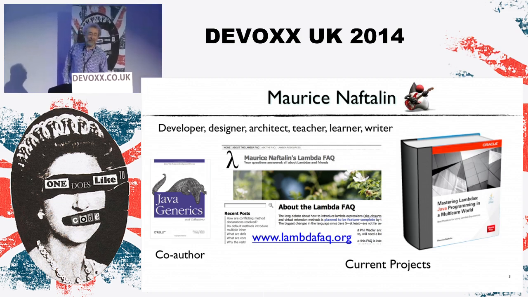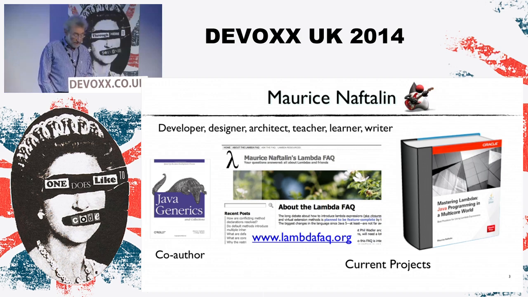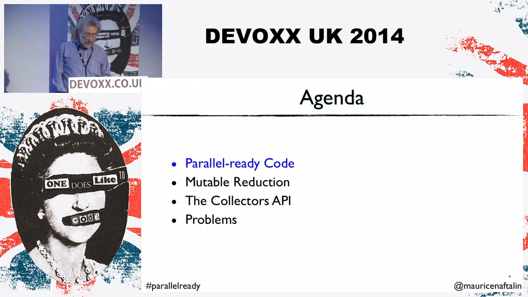Every time I give talks like this, I say it's going to be out real soon, but it really is going to be out real soon. It'll be out in time for Java 8. That's the intention. It's really a serious intention this time. This book has been written.